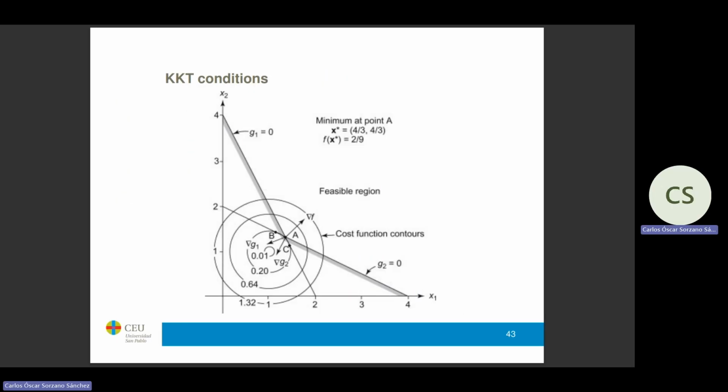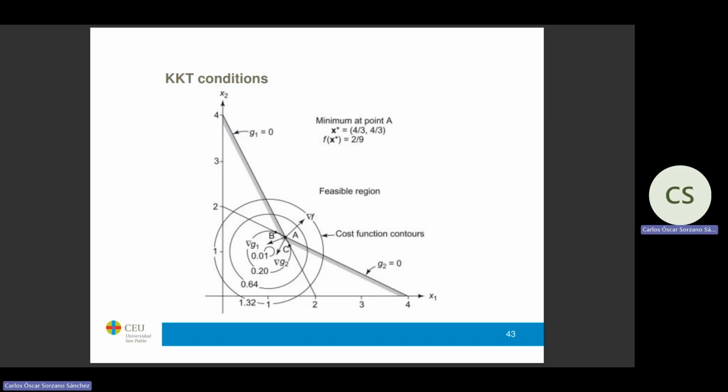Very good. Let's give another, similar example, where now this is the minimum. We want to minimize this function subject to inequality conditions. One of them says it has to be larger than that, the other one has to be larger than that.